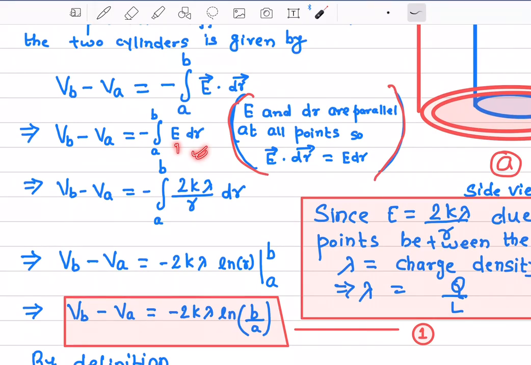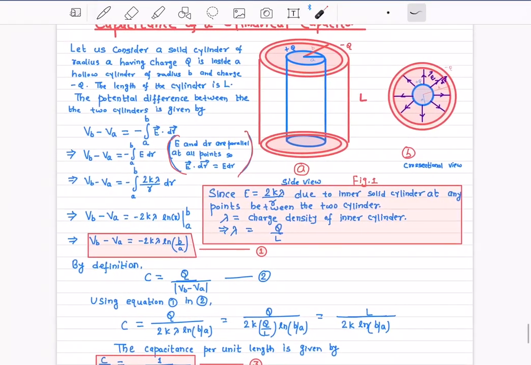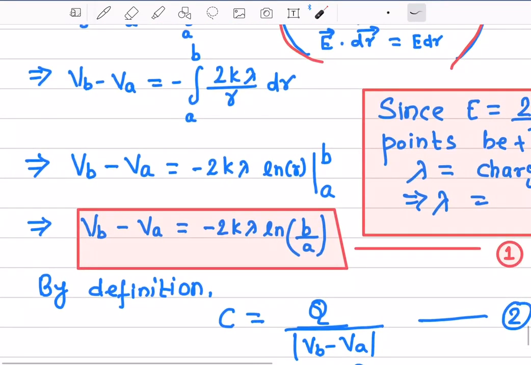And E is the electric field due to a line charge. For a line charge, the electric field is 2k lambda over R. Here again I'm introducing a new term, lambda. If you can recall from the previous chapter, lambda is the line charge density. The electric field due to a solid cylinder or a line charge is given by 2k lambda over R. So that's how I wrote 2k lambda over R. 2 is a constant, k is a constant, and lambda is a constant.